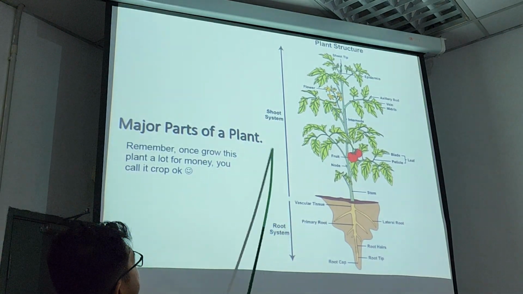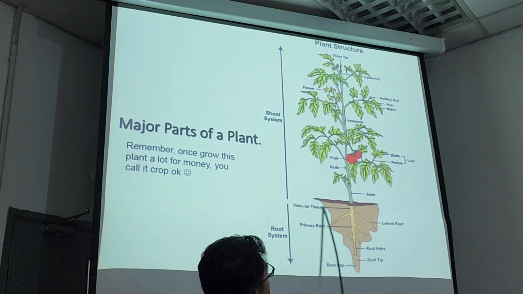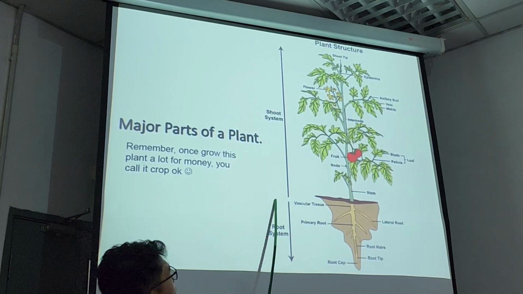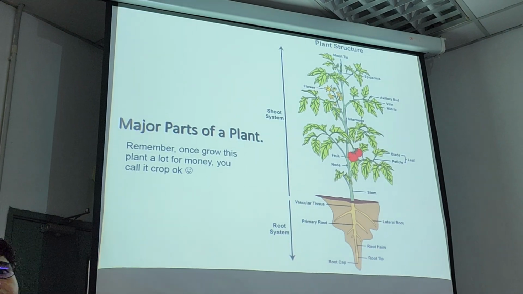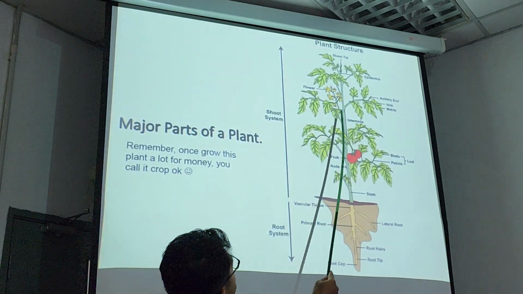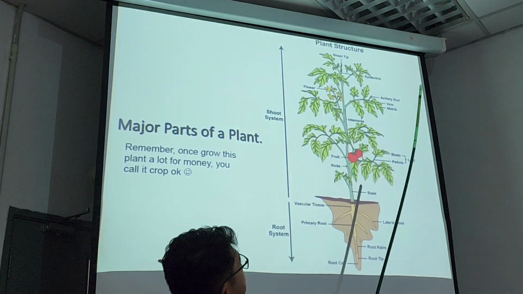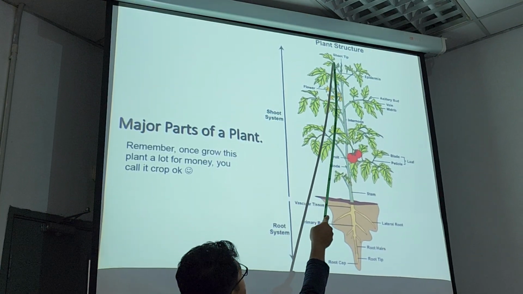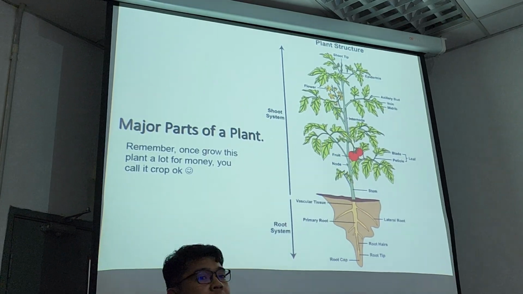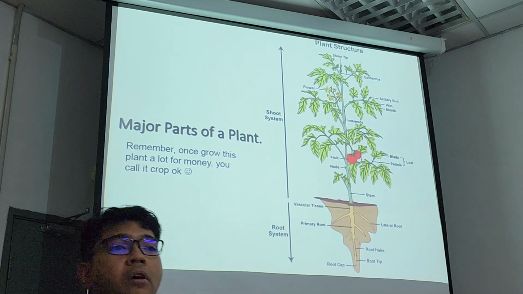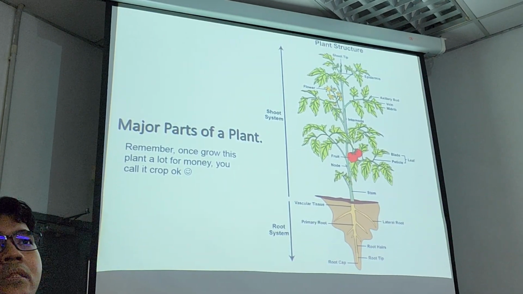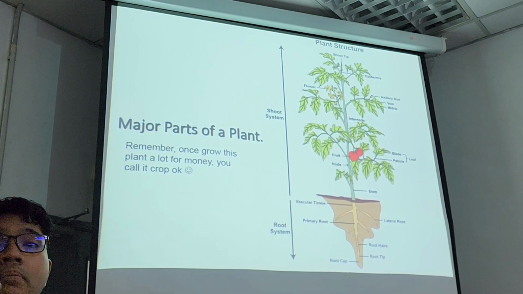So we have the shoot system. Wherever it is above ground, this is called the shoot system. Wherever it is below the ground, or subterranean, we call it the root system. For the shoot system, you have the leaf and the stem, and these two are called the vegetative parts of the plant. Vegetative means that the plant is not in reproduction mode.